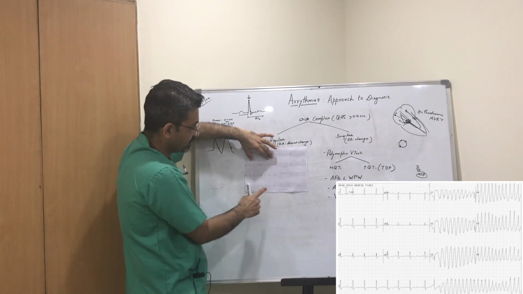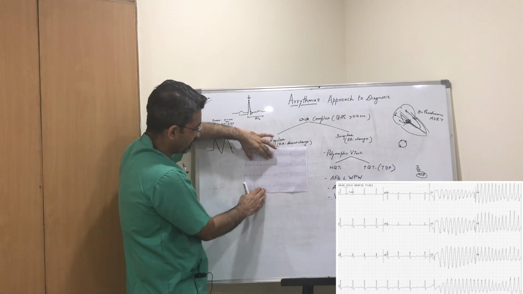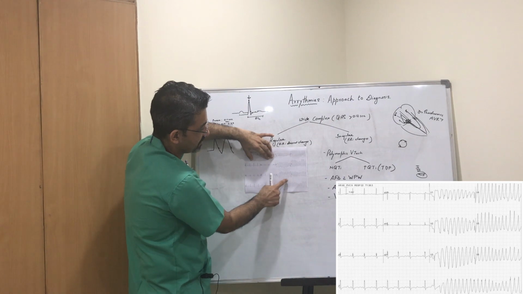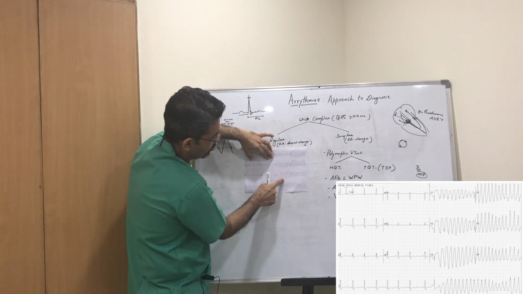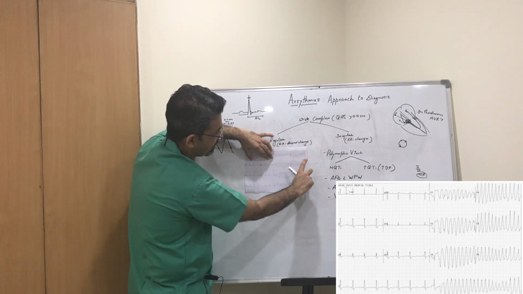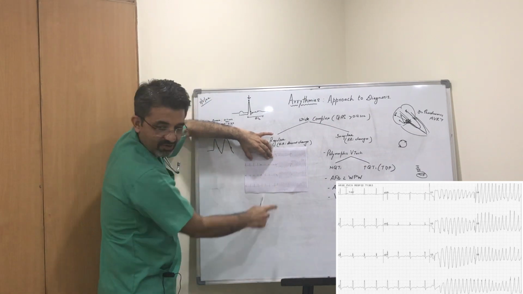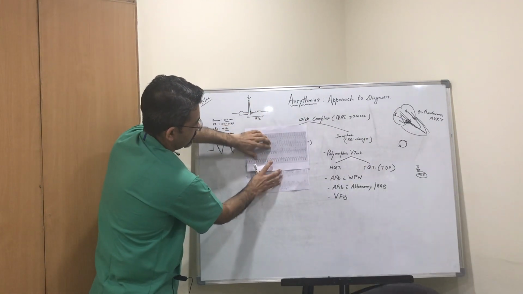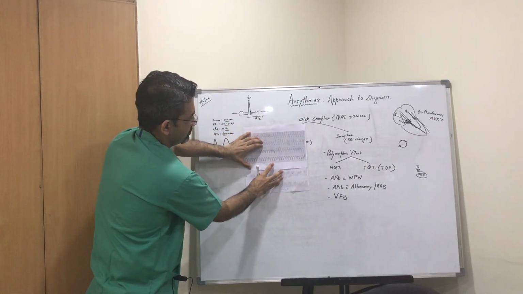It's difficult to see from so far, but there is a QTc prolongation, and here it is terminating. So see the morphology of QRS, going up and going down, down, down, smaller than up. So this is a changing morphology.